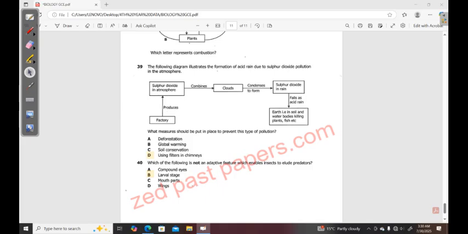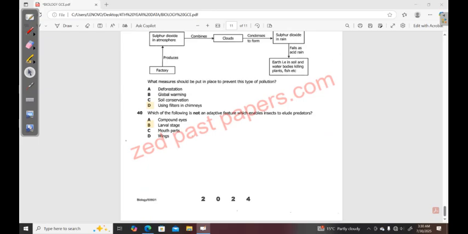C, soil conservation. D, using filters in chimneys. So the correct answer is D, because this is going to control the amount of sulfur dioxide that's released, because this is what's going to form that acid rain after it mixes with the rainwater.